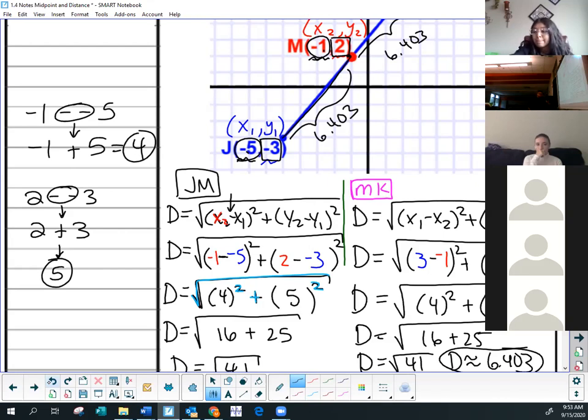Okay, then I have some questions for you. Did anybody notice a weird thing I did with the distance formula? Both distance formulas. I'm wondering if anybody picked up on it.